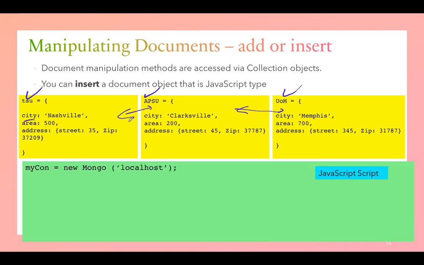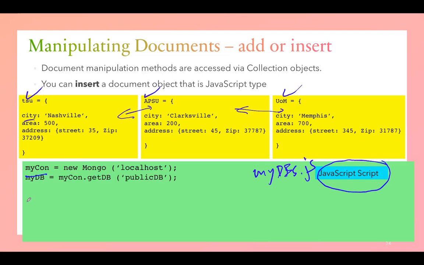So what do we do? The first thing is you have to create a connection. By the way, this is what you should write in a JavaScript script. So you can say my database script.js. This is what you should write line by line. So first you create a connection, and that connection will connect you to a database, and you get a database object.